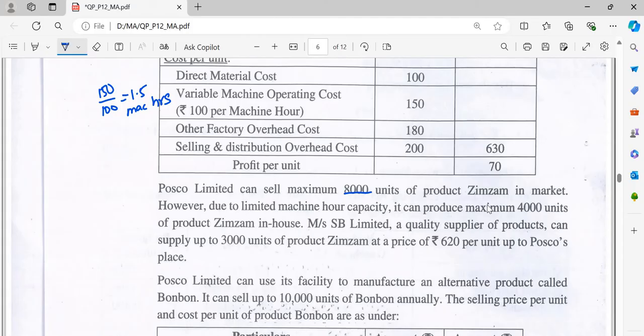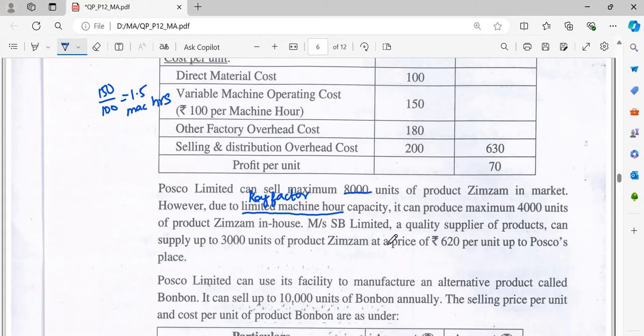However, due to limited machine hour capacity, because the machine hour capacity is limited, this is our key factor or scarcity factor. So it can produce a maximum of 4,000 units in-house. In-house means we ourselves are producing.